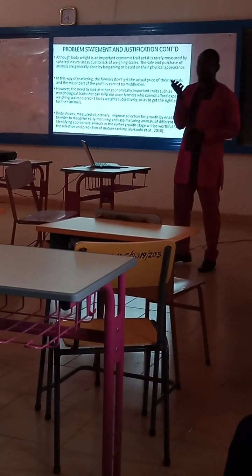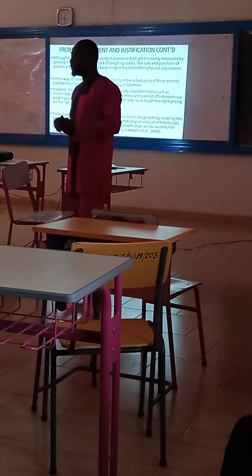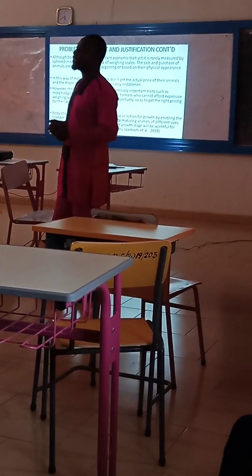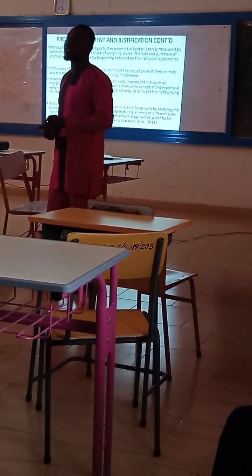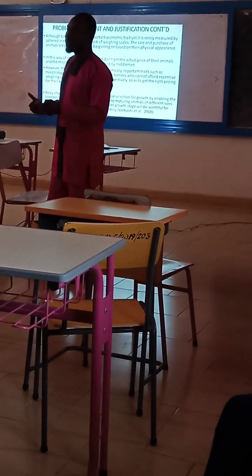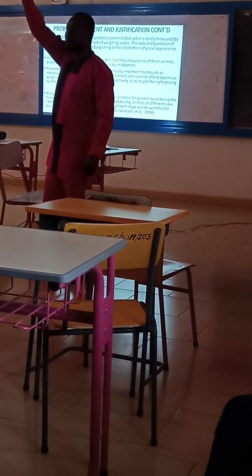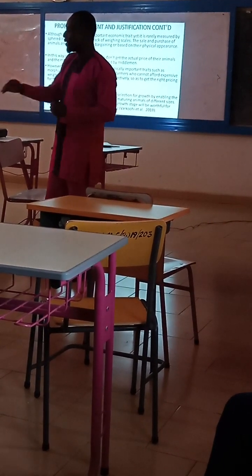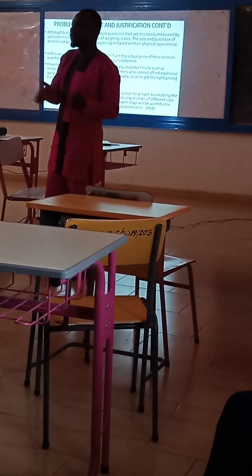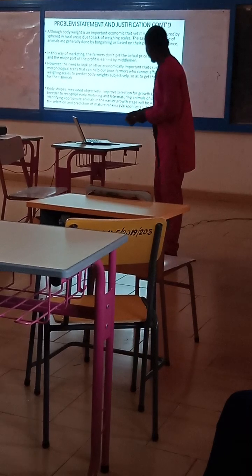Body shapes, when known objectively, equally help in the selection criteria to help you select the young ones at an early stage. You can rank them at the early stage and look into the future, telling that these ones with this tail or this head size will be able to grow up to this level.